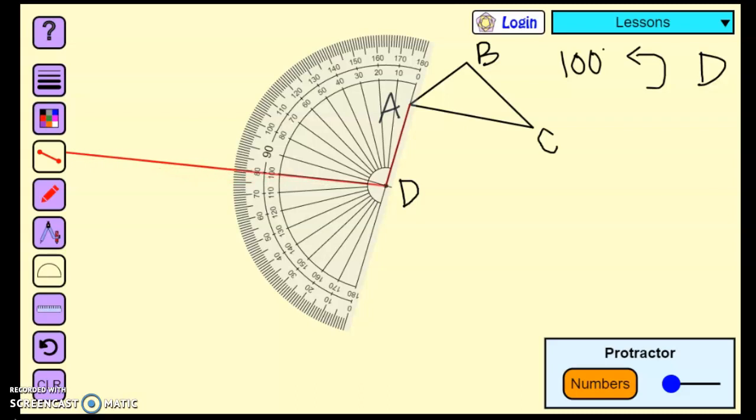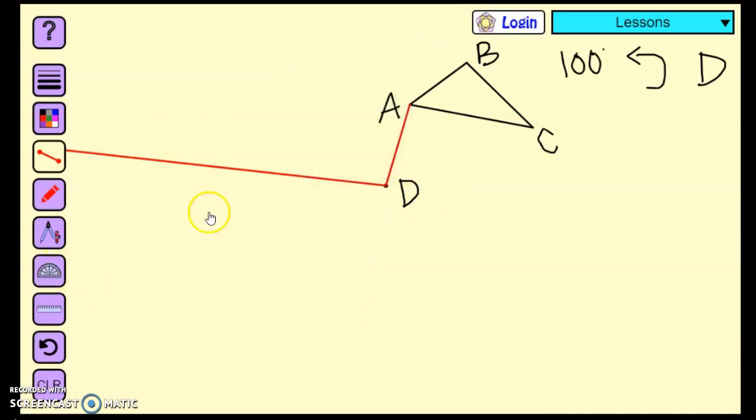And I'm going to just make a ray that intersects this protractor at 100 degrees. So all I've done is make a 100-degree angle. I know that this angle is 100 degrees. So that's the first part.